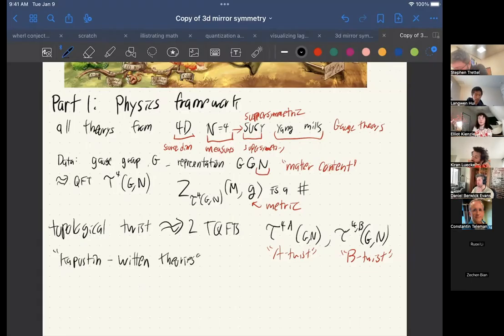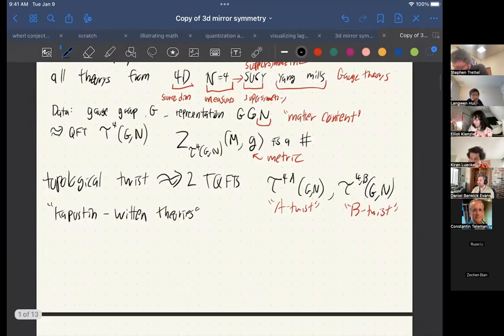And we expect them to have a duality. That is, for some G and N, which is to say that these come in pairs.